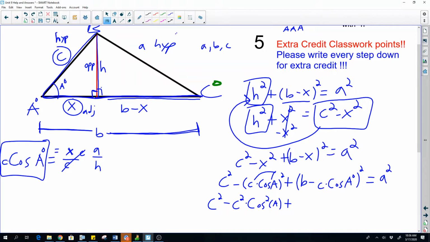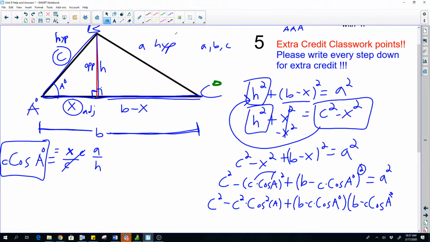Plus, now this is the only crazy part, is how many b minus c cosine A's do we have, right? How many of those do we have? Well, because it's squared, we have 2 of them. So we're going to do another b minus c cosine of angle A. Good.